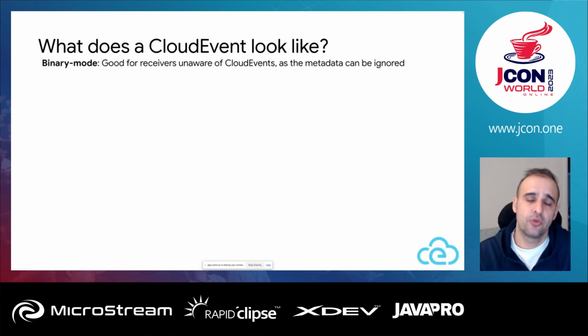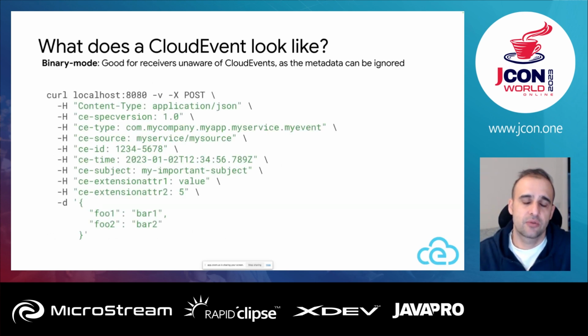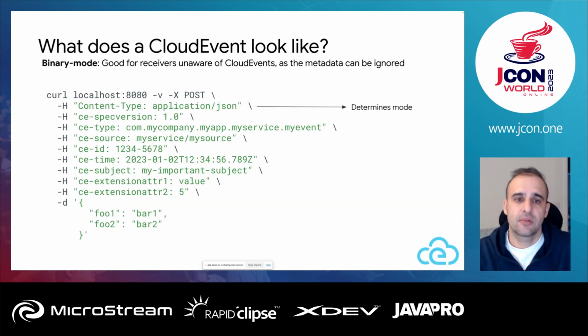Well, there are two modes of CloudEvents. One is called binary mode, and the other one is structured mode. So let's look at the binary mode first. Here I'm sending a CloudEvent just using curl, pure HTTP. And one thing you realize is these special headers. I'm sending some special CE- headers, and these are CloudEvent headers. First, the content type defines what mode you are working with.